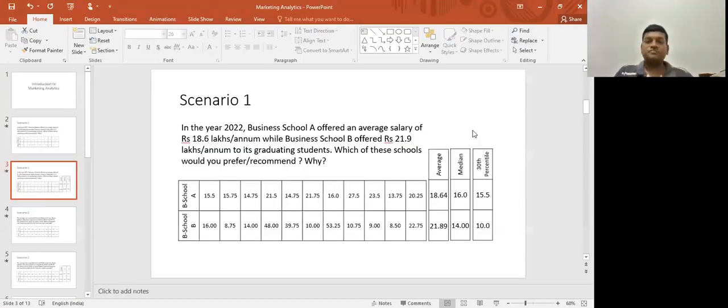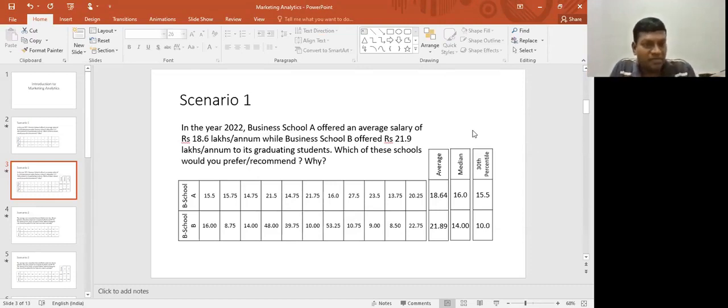Now, when I talk about the 30th percentile, what it means is that you are better than 30% of the students in the class, which means 70% of the class is ahead of you. 30th percentile would mean at least 30% of the students are behind you, and at most 70% are ahead of you.